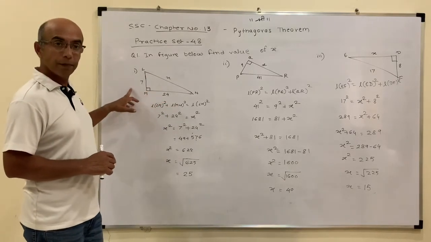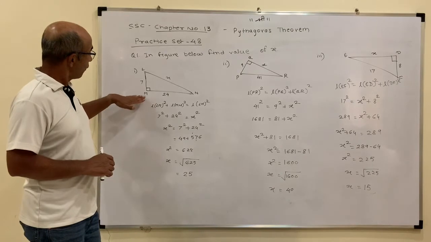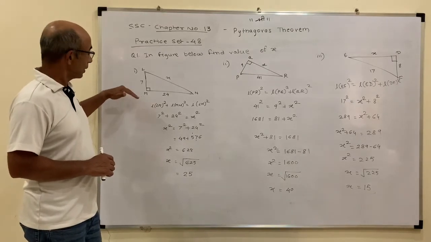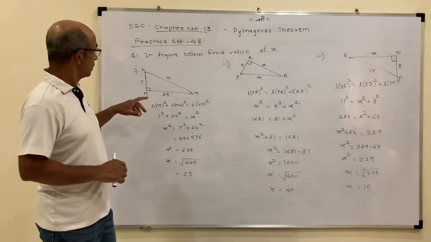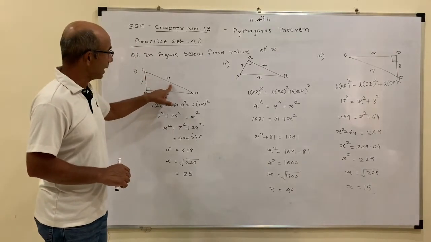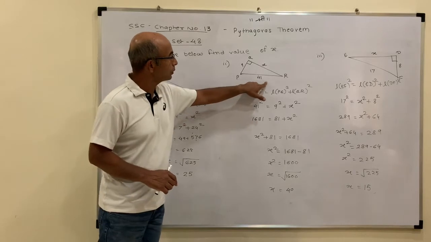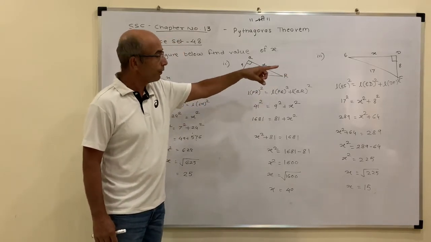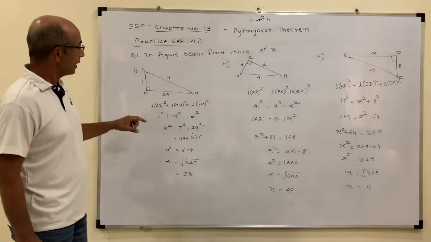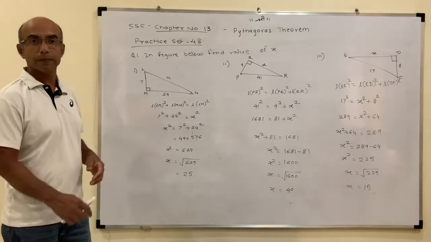So here every time we need to pay attention to where the right angle is. The side opposite to the right angle is our hypotenuse. So here the hypotenuse was LN, here the hypotenuse was PR, and there the hypotenuse was EF. So we found the value of x in these three problems.